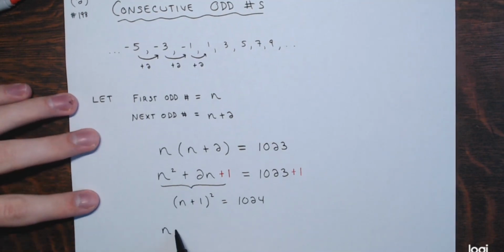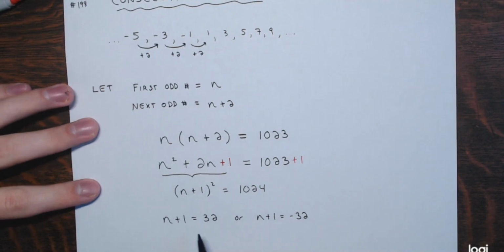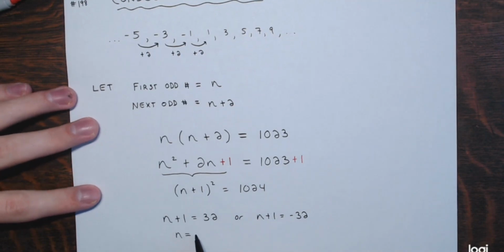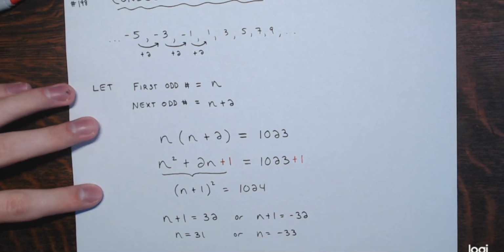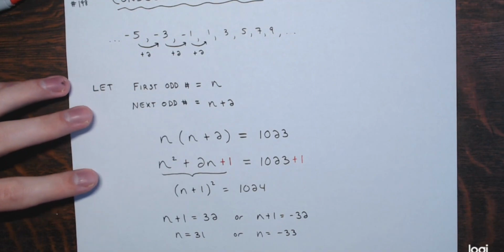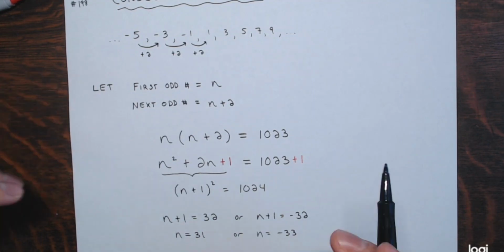So n plus 1 is either 32 or n plus 1 could be negative 32 as well. And subtracting 1, we get n equals 31, or n equals negative 33. So once again, there are two possible answers here. There are two totally valid answers.